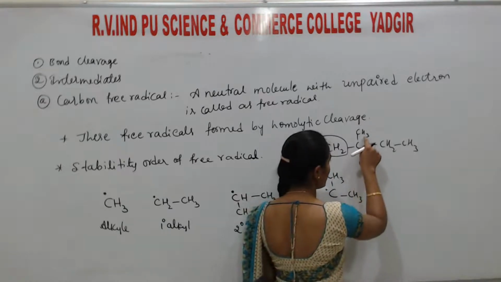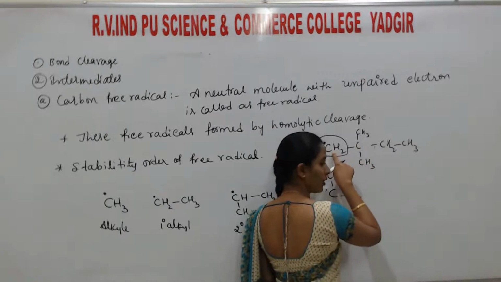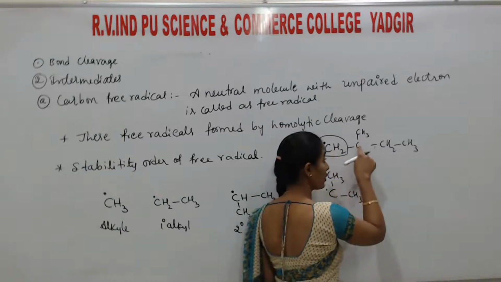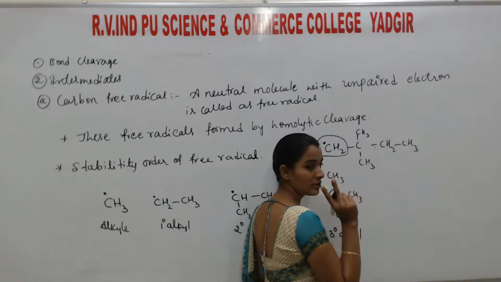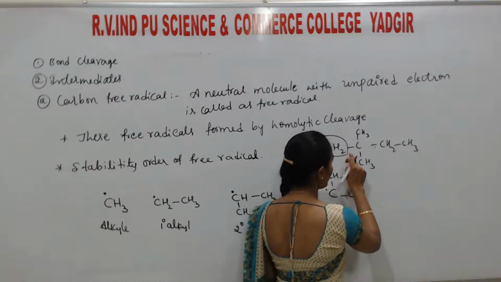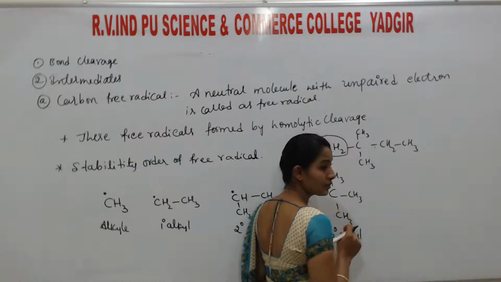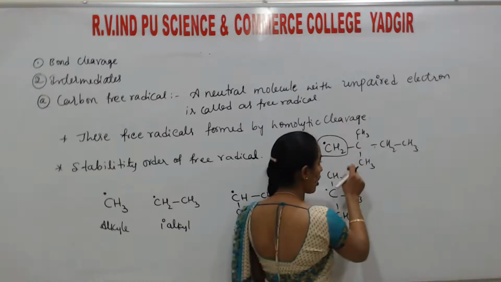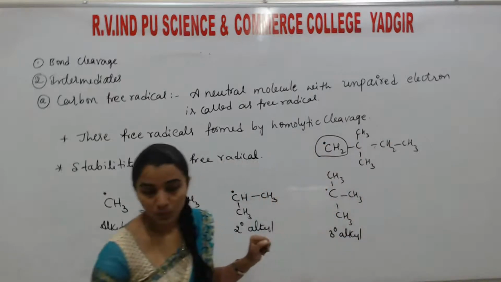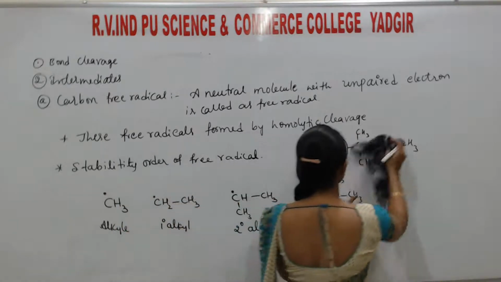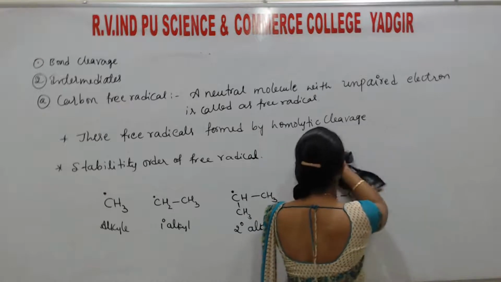So if one carbon atom is bonded to one carbon, the carbon which is bonded to one carbon, primary. The carbon bonded to two carbon, that is secondary. The carbon bonded to three carbon, then this is tertiary. If the carbon is bonded to four carbon, then it is neo. So if you want to understand, I'll write here.